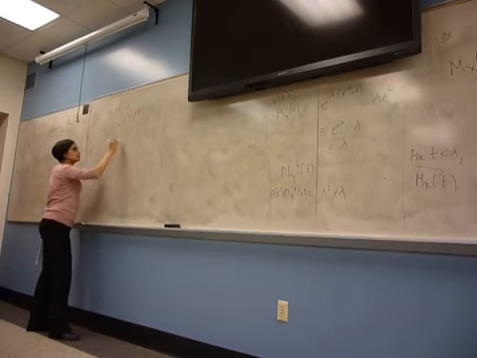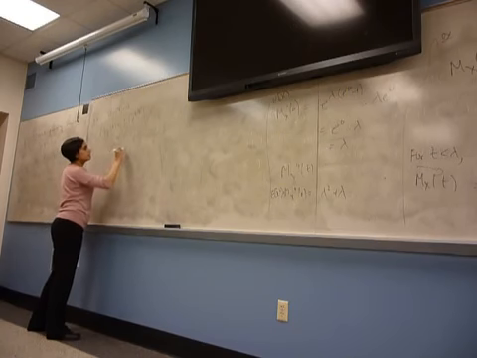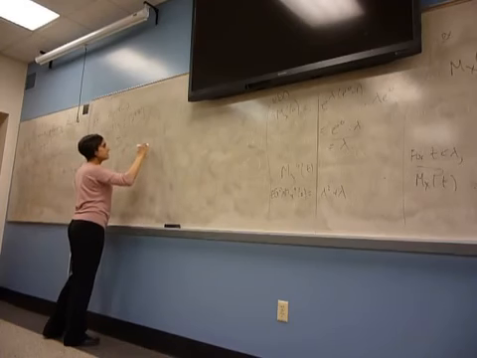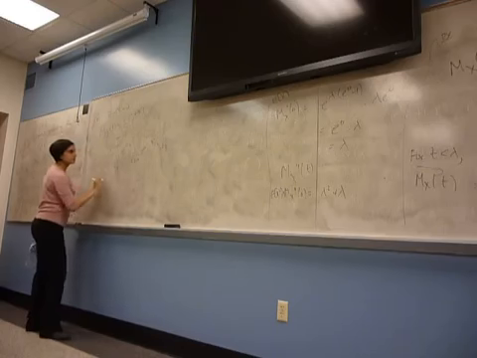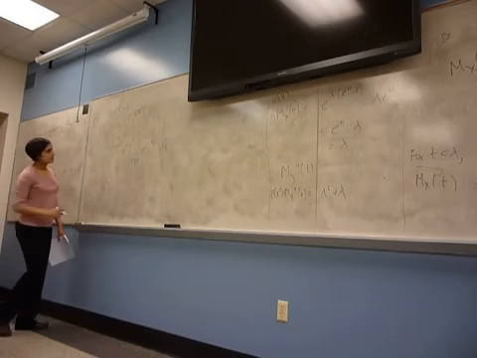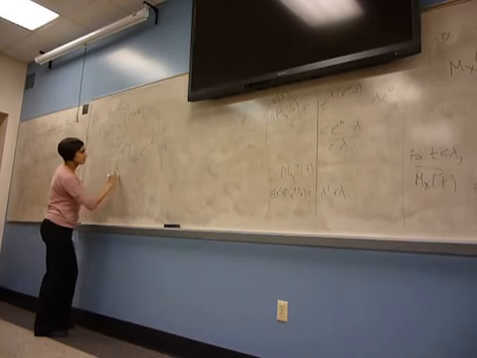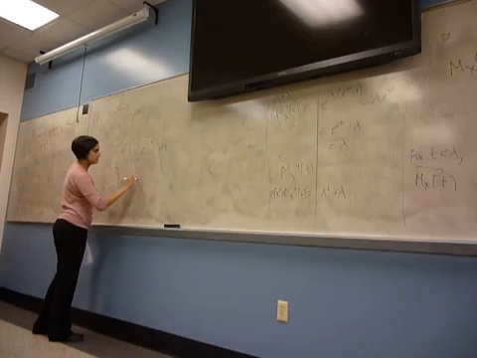So this is just the integral from negative infinity to plus infinity of e to the tz, times the density function, which is 1 over the square root of 2 pi e to the negative z squared over 2, dz. So this gives me 1 over the square root of 2 pi, e to the negative of z squared minus 2tz, over 2.